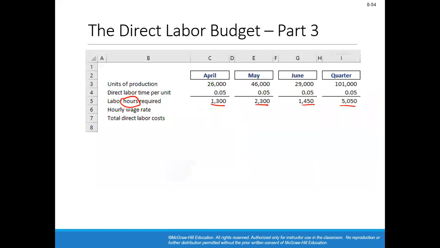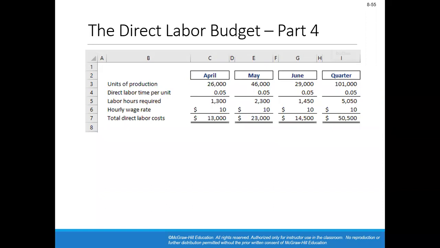We can multiply the labor hours by $10 for getting the total direct labor cost. Okay, so here it should be very simple. It should be like this, right? So we should have these numbers: 13,000, 23,000, and in total quarterly 50,500.